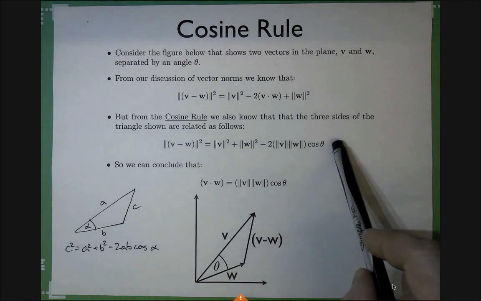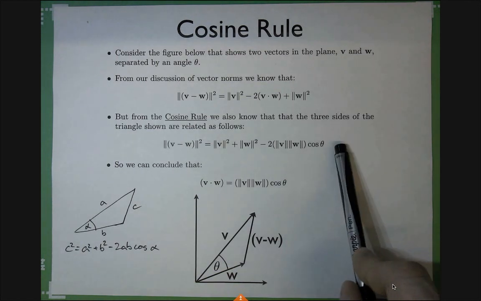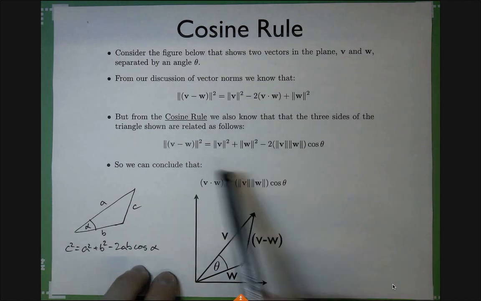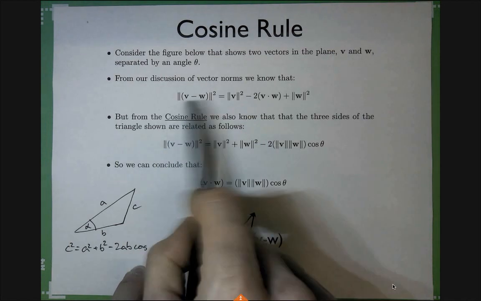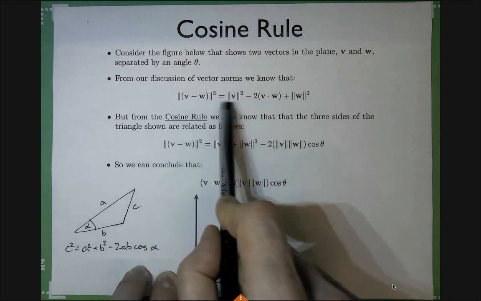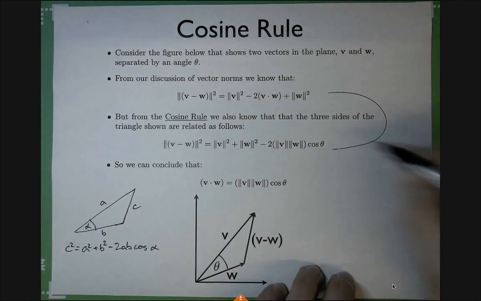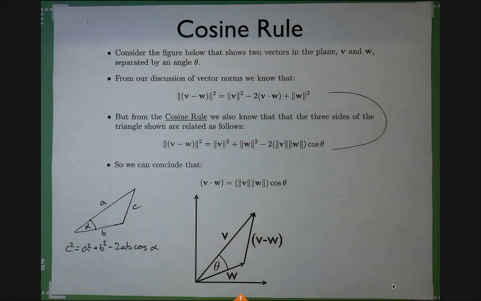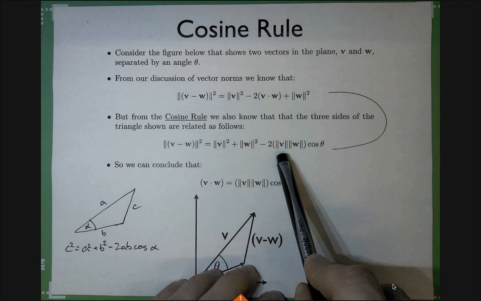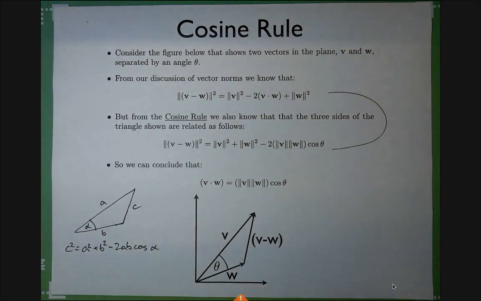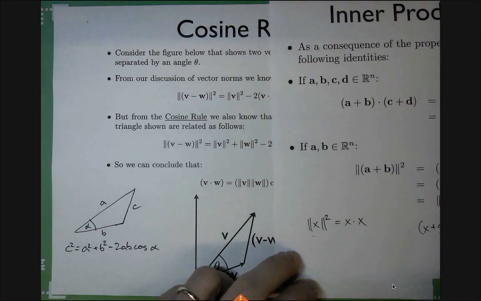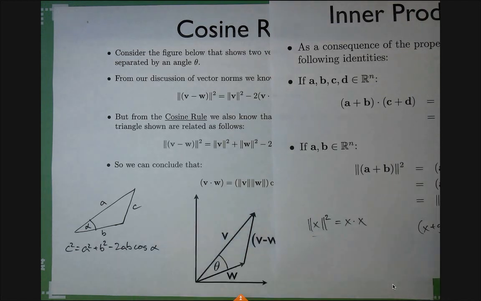Is that clear? So here is the interesting part. This is the same as this, which means that these two things must be equal. Oh, sorry, what are these vertical lines without the square sign? Oh, this norm? Yeah. I said here that the norm with the square is this.